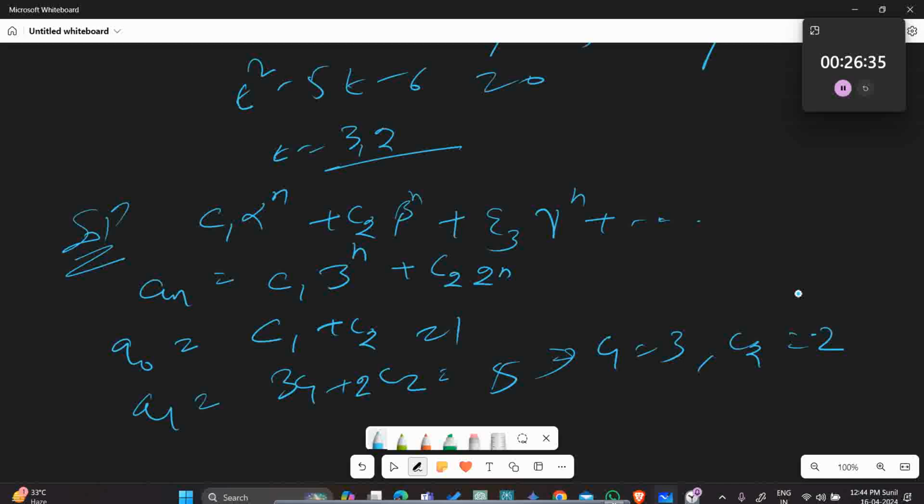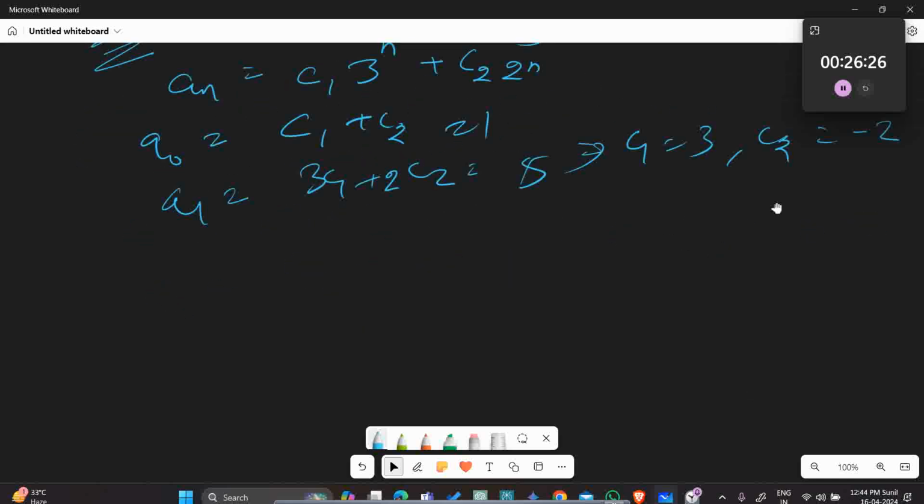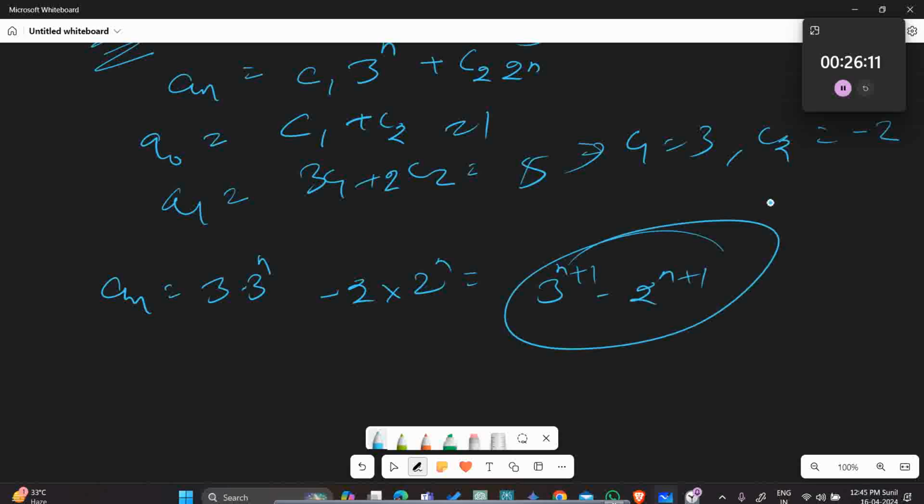Right? Minus 2. And now a of n is equal to 3 into 3 to the power n minus 2 into 2 to the power n, which is 3 to the power n plus 1 minus 2 to the power n plus 1. This is the solution for the recurrence relation.